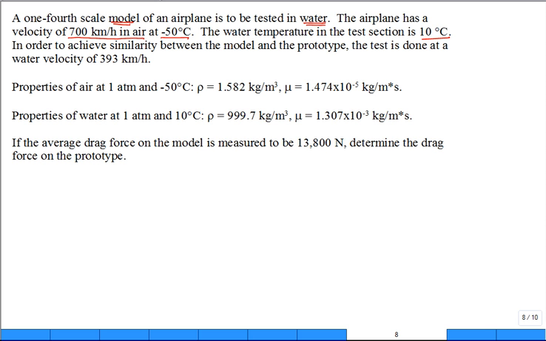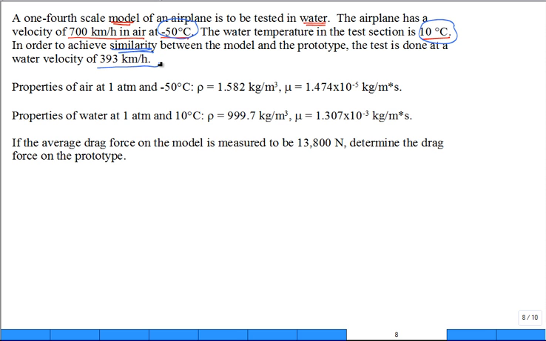Why do they tell us these temperatures? Because fluid properties are a function of temperature, especially viscosity. And for the dynamic similarity, we want to match the Reynolds numbers. In order to achieve similarity between the model and the prototype, the test is done at a water velocity of so much.